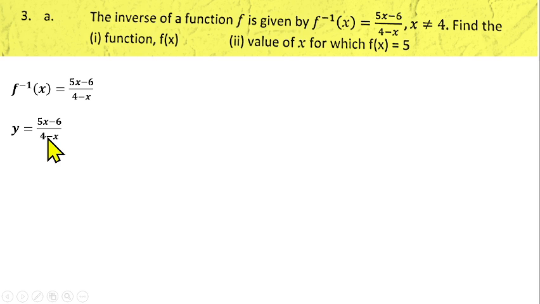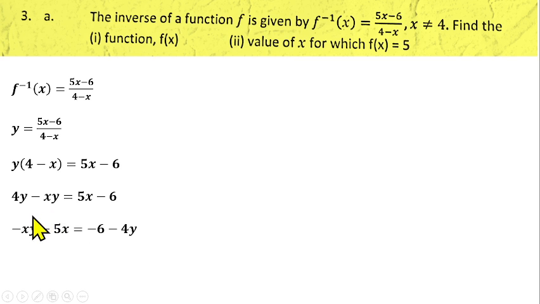So our aim is to find the value of our x here. So you can cross multiply. If you cross multiply, your y will multiply 4 minus x, equals 5x minus 6. Open the bracket, you will have 4y minus xy equals 5x minus 6. Collect like terms, you will have minus xy minus 5x equals minus 6 minus 4y.